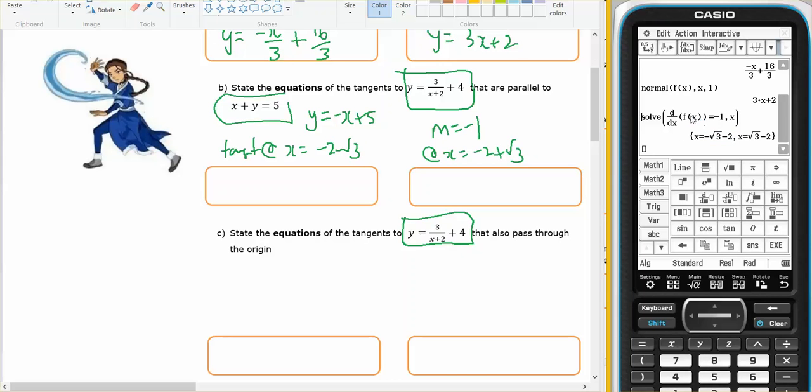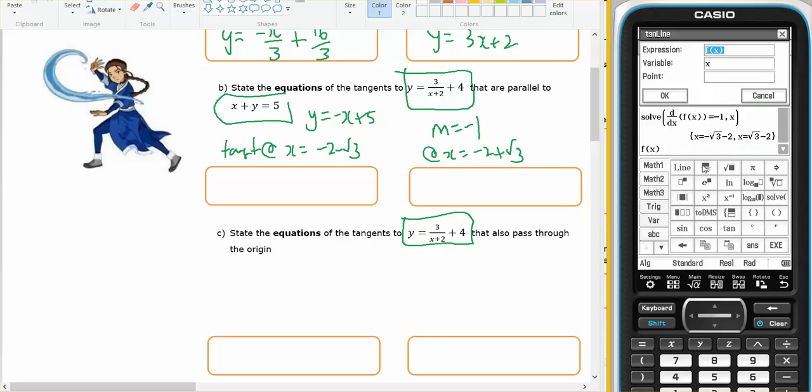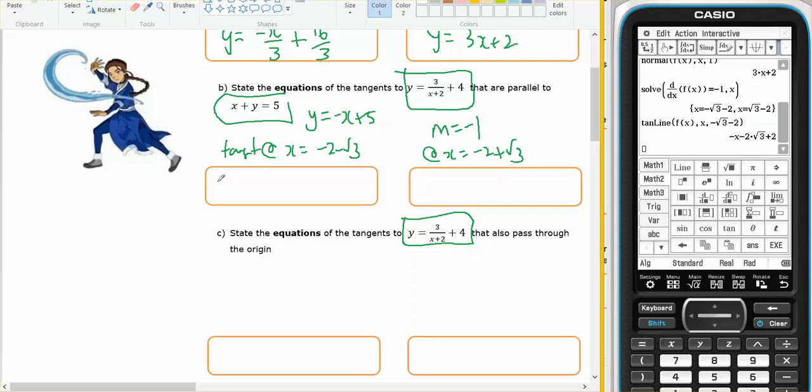Then I'm going to pick up my f of x, select it, interactive, calculation, line, tan line, at x equals, now I'll paste, and that gives me y equals minus x minus 2 root 3 plus 2, and if the other one was positive root 3, execute, gives me y equals minus x plus 2 root 3 plus 2 as being the second equation.